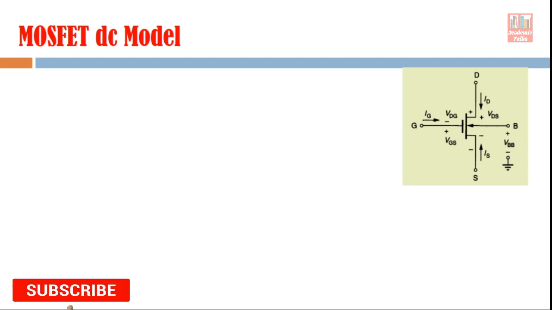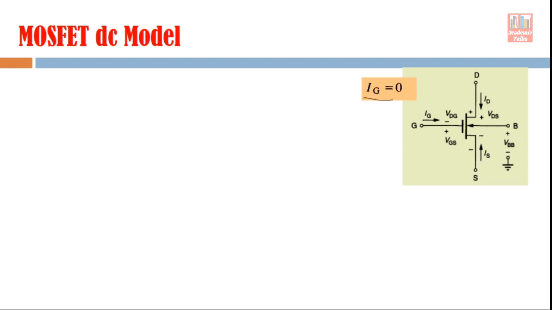We have two other terminals. One is the gate terminal and the other is the drain terminal. The gate terminal is normally our input terminal, and the drain terminal is our output terminal. When we talk about the gate terminal side, the gate current is normally 0, because, as we discussed in the last class and from the device physics earlier, in the case of a MOSFET there is an insulating layer between the gate terminal and the channel region, and since that region is insulating, no current is possible through it.